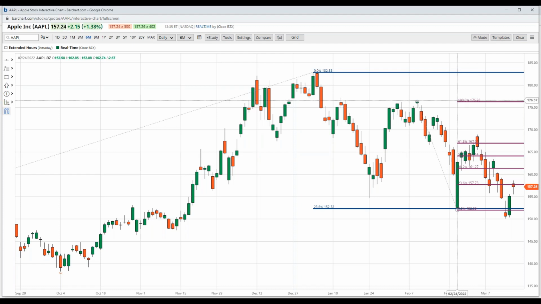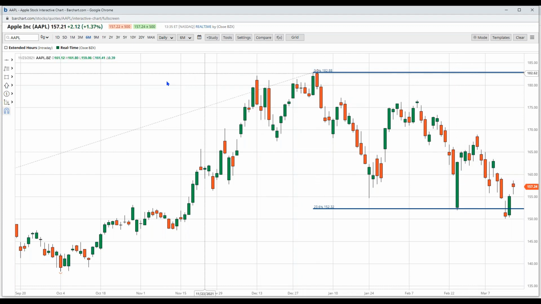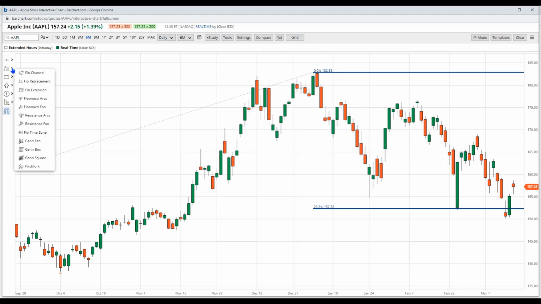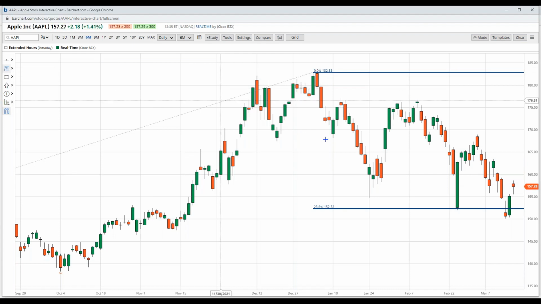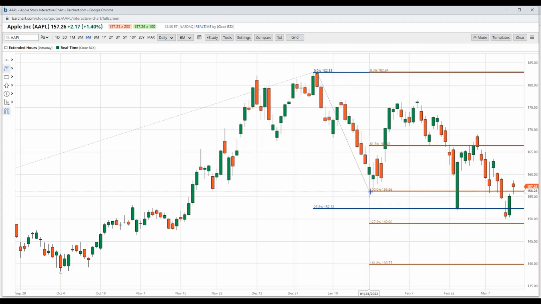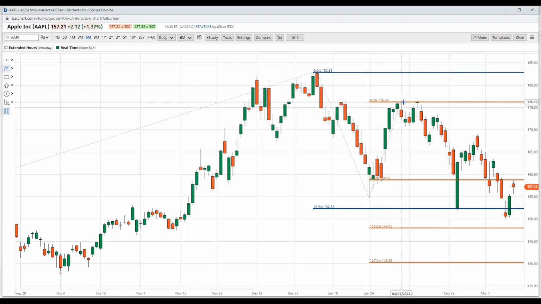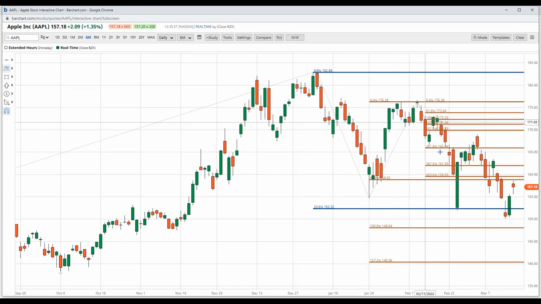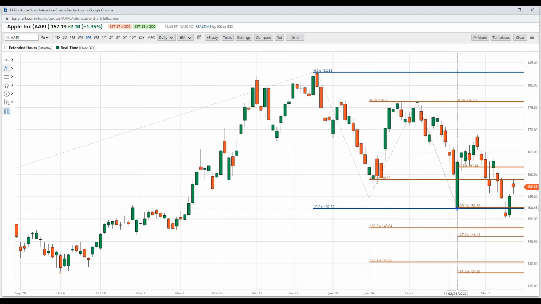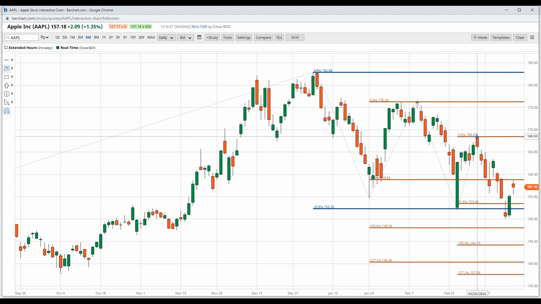So let's now do some extensions. Let's extend this price movement, this retracement, and let's extend this price movement and this retracement.